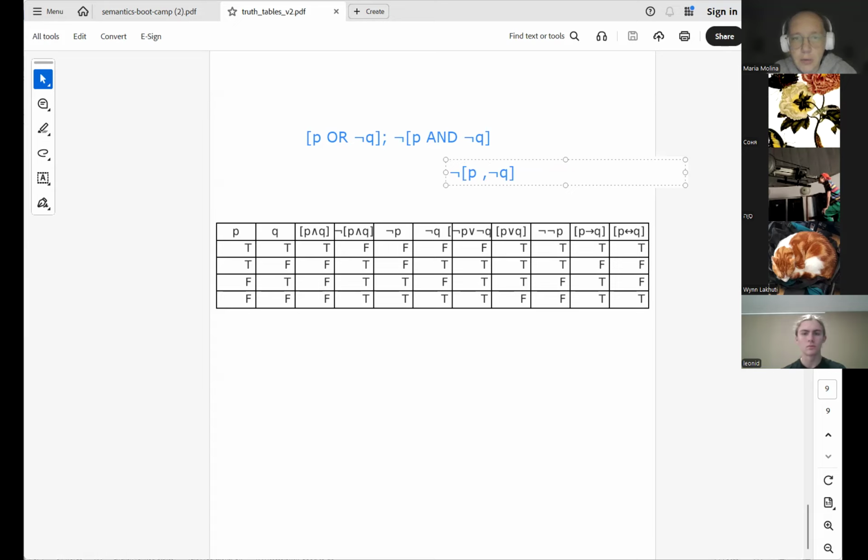Negation of P or double negation Q. So after applying De Morgan's law to the second formula, we get this thing. We added this negation to both parts and we flipped the operator.